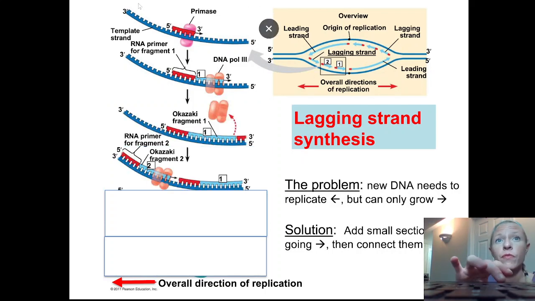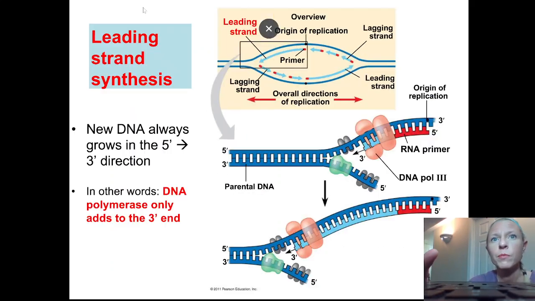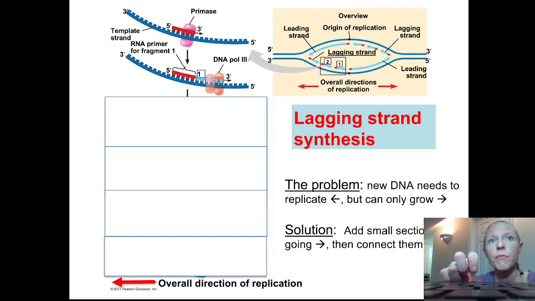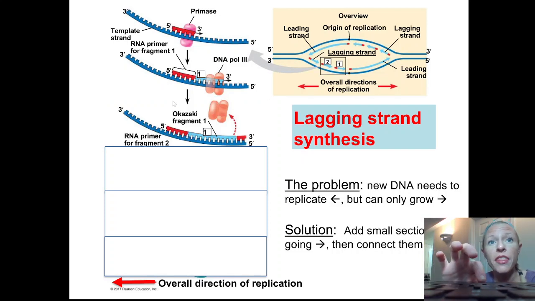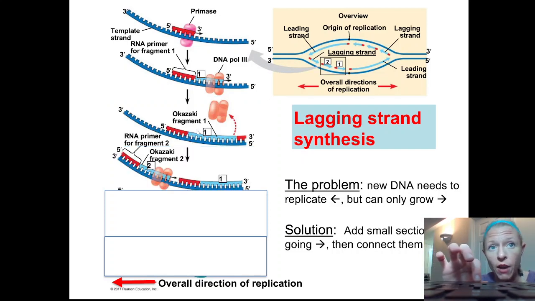So we have our template strand, and we have primase, which adds our RNA primers in the 5' to 3' direction. DNA polymerase 3 is going to synthesize that new strand of DNA from that RNA primer. Okay, that creates an Okazaki fragment.